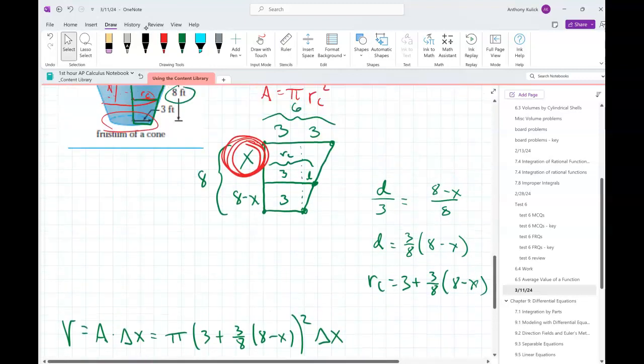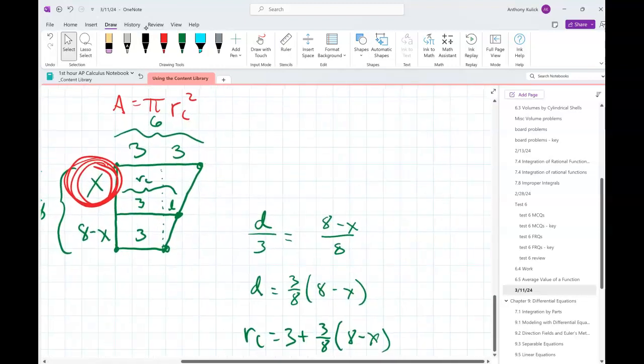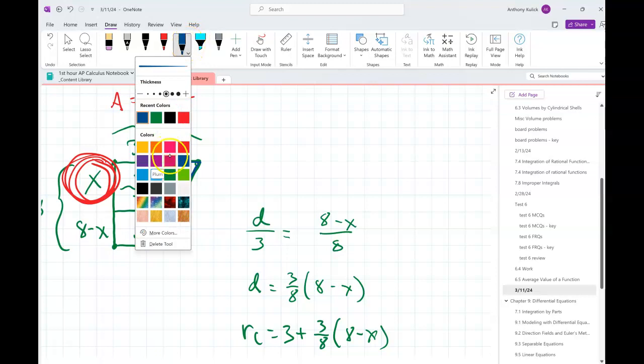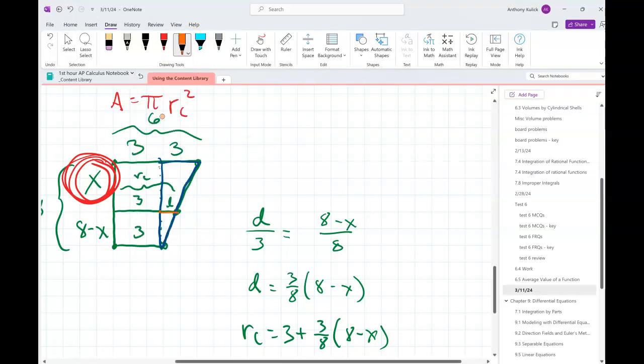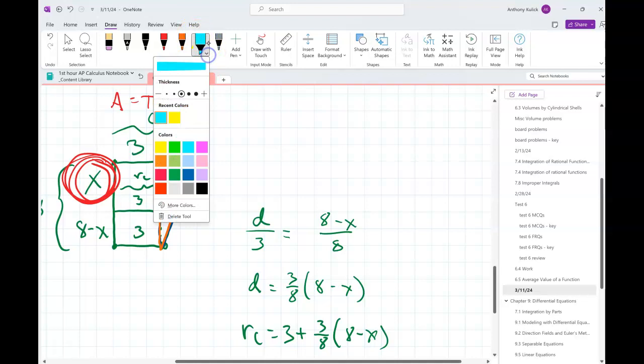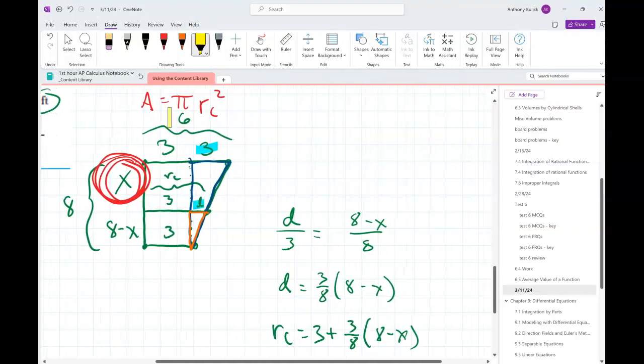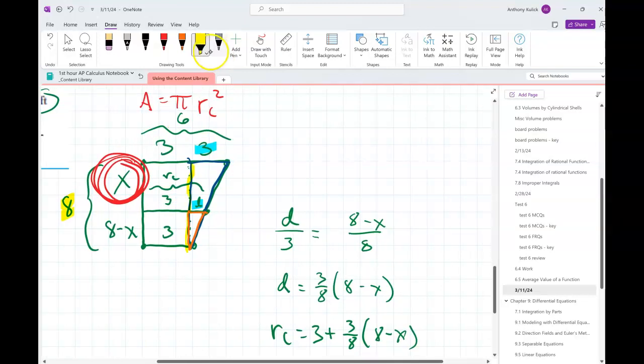Where did what? So I was making a similar triangles argument here. So like I have this triangle, and then I have like this triangle. So I said d over 3 is equal to 8, which is this height, over 8 minus x, which is that height.